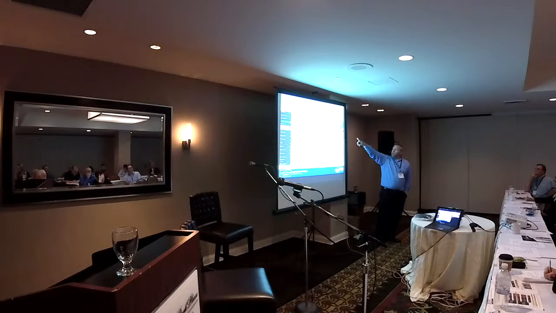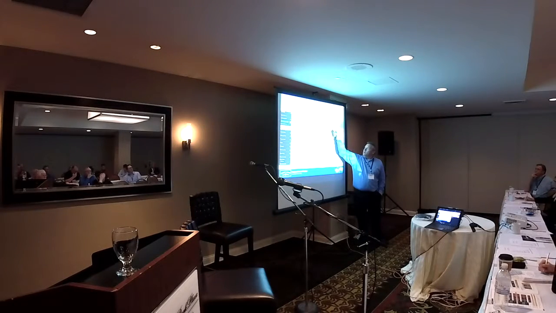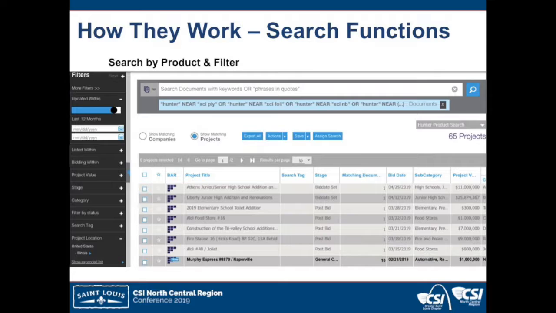We built a search that uses multiple different terms, because we know through reading a lot of specs that it'd be great if everyone used the exact word you told them to, but they're using all kinds of different things. So we're just putting in different things in quotes to pull things up. Once you set this up, and the other tool has it just in a different place, you can just go down every time and click that search, and it pulls up the jobs you could be expecting.